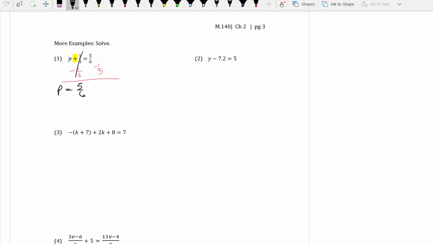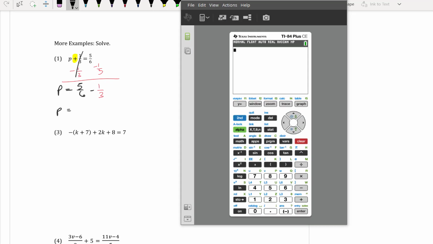So now you have p is equal to, because those cancel out, 5/6 minus your 1/3. And if you want to get the same common denominator and do that, that's fine. Or you can bring it up on your calculator. So I have the fraction of 5 over 6 minus your fraction of 1/3.